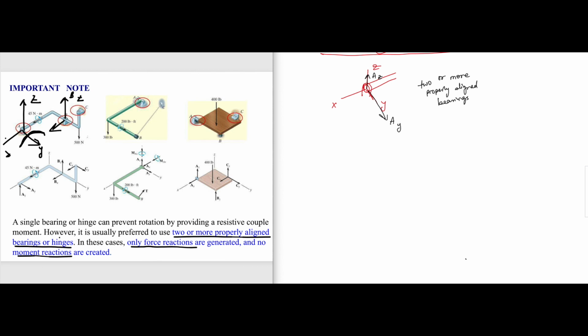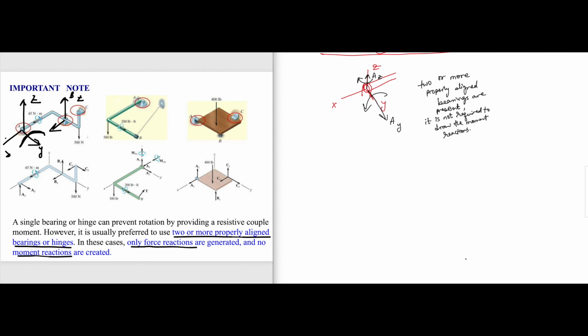That means this kind of moment reaction with respect to y or this kind of moment reaction with respect to z, we don't require to draw those. When two or more properly aligned bearings are present, it is not required to draw the moment reactions.